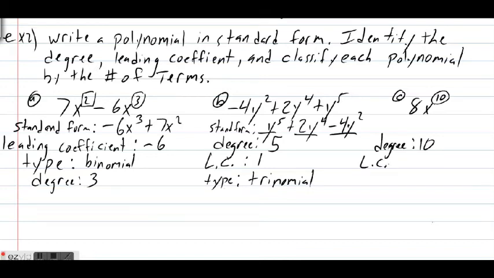Leading coefficient, again, LC. Well, there's only one coefficient, and it's an 8. And then the type. How many terms are there? 1, so it's a monomial. Alright? So, not difficult, just quite a bit of direction writing.